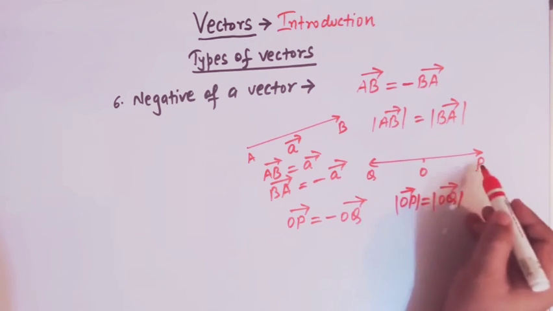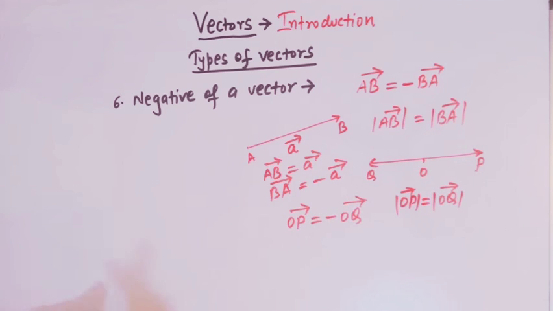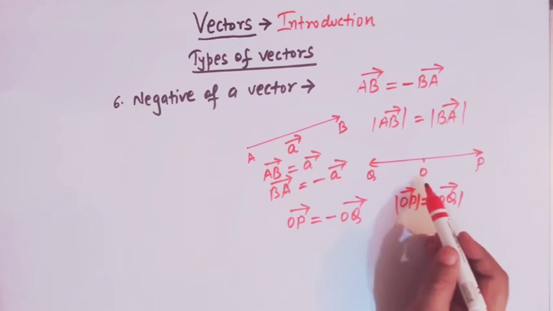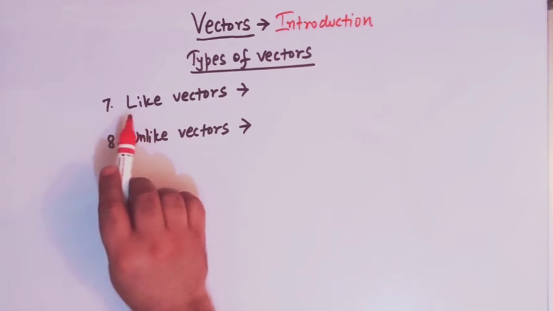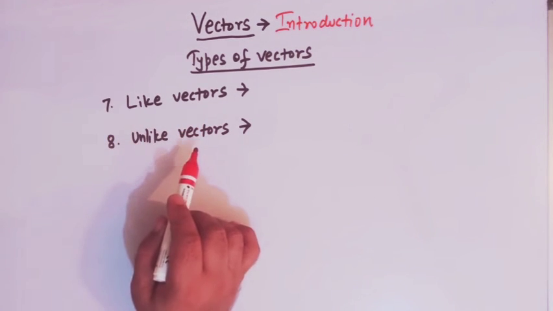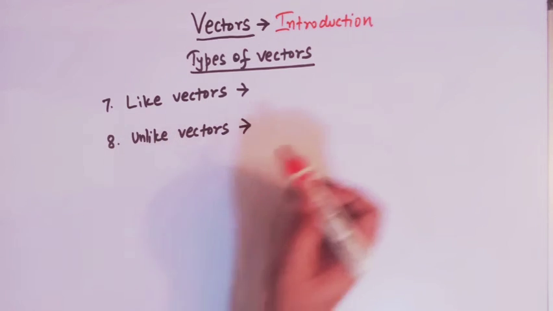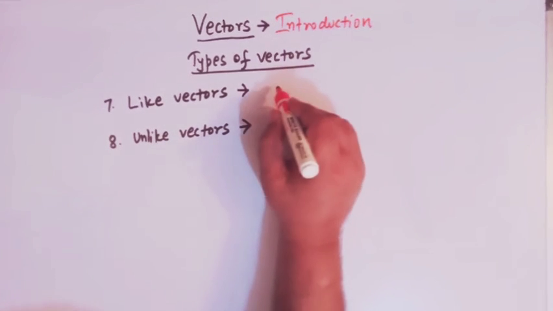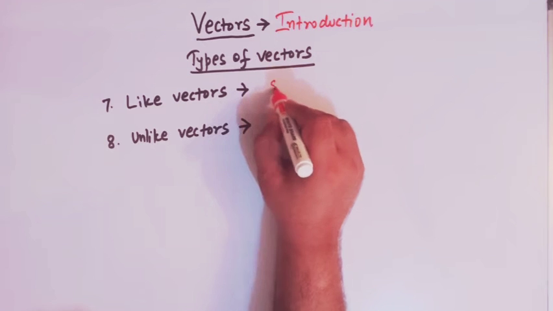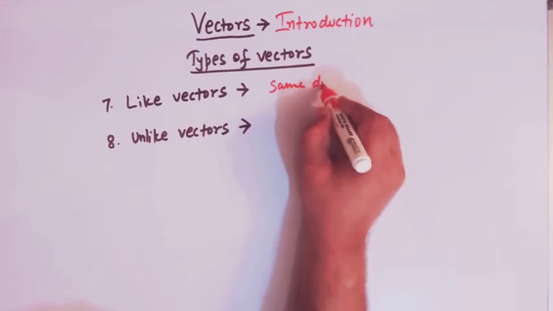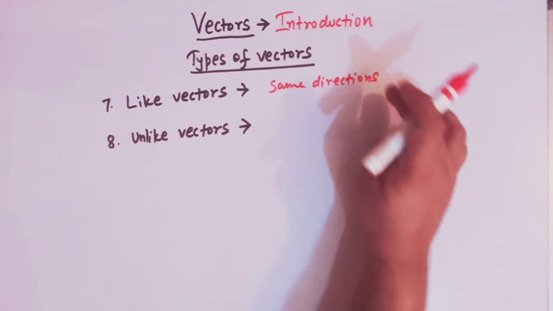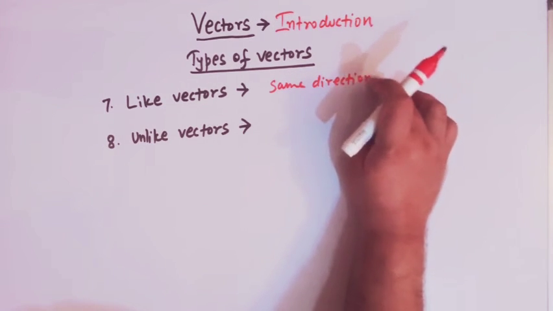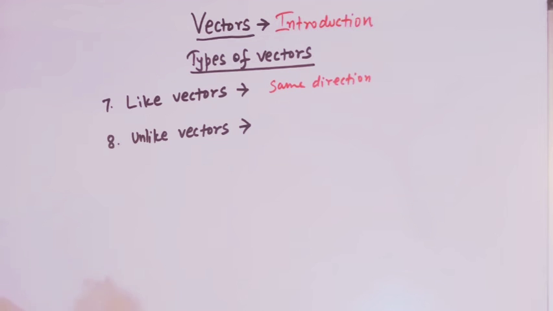Because vector OP and vector OQ have opposite directions. Now come to the concept of like vectors and unlike vectors. So what are like vectors? Vectors having the same direction are known as like vectors.